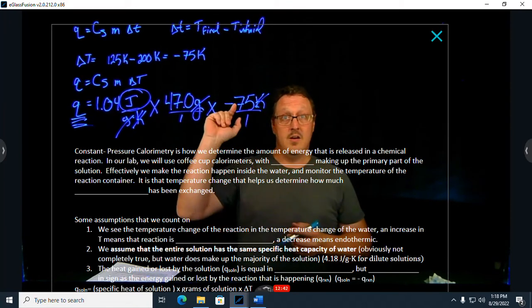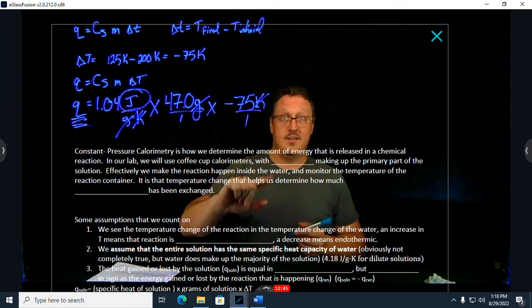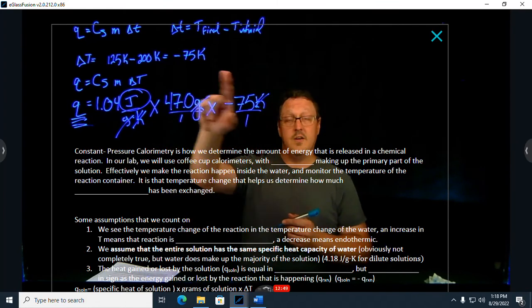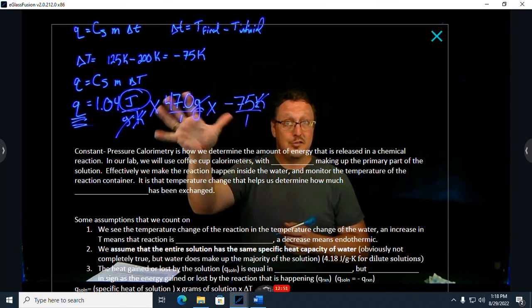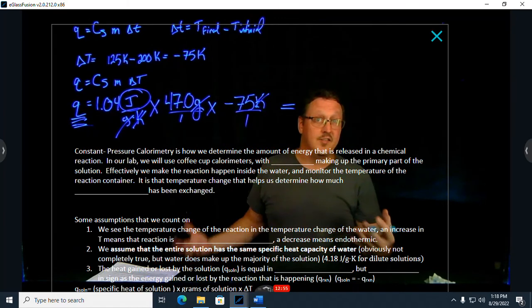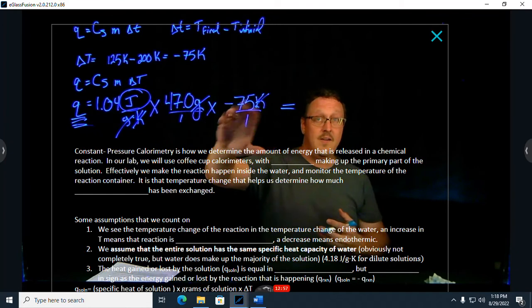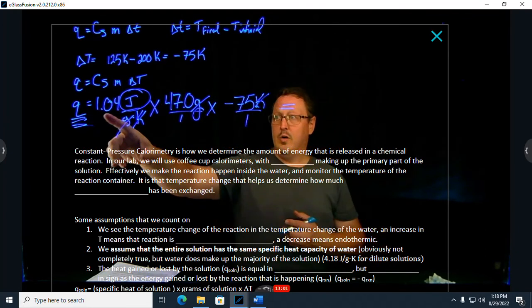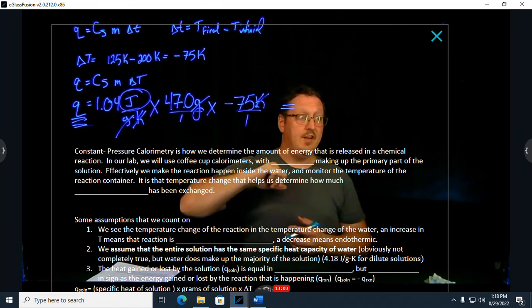Engage your cognitive dimensional analysis brain to make sure that you're treating the numbers correctly. Because if you can set the units correctly, you know what you're going to get. So do that, okay? All right, 1.04 times 47 times negative 75.